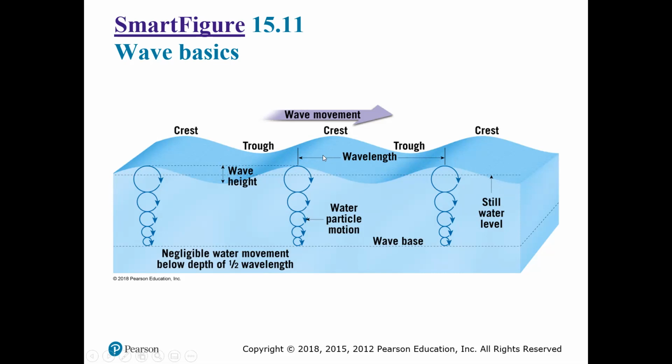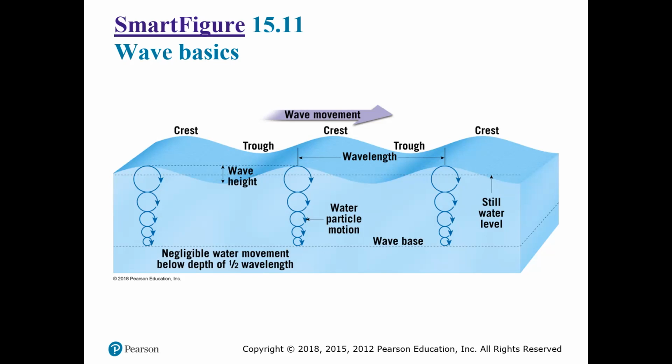The wave height, the wave length, and the wave period are all determined by three factors. The wind speed, so how fast is the wind blowing? The length of time that the wind has blown, so the duration, and fetch. Fetch is the distance that the wind has traveled across open water. So we've got how fast it's blowing, how long it's been blowing, and the distance it's traveled across open water.